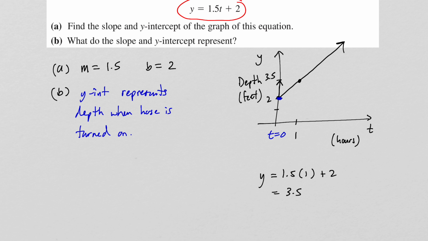So that is the slope, isn't it? So the slope represents the change in the depth per hour. So every hour that goes by, we are going to add 1.5 feet of depth to this water, right? That's what that represents.